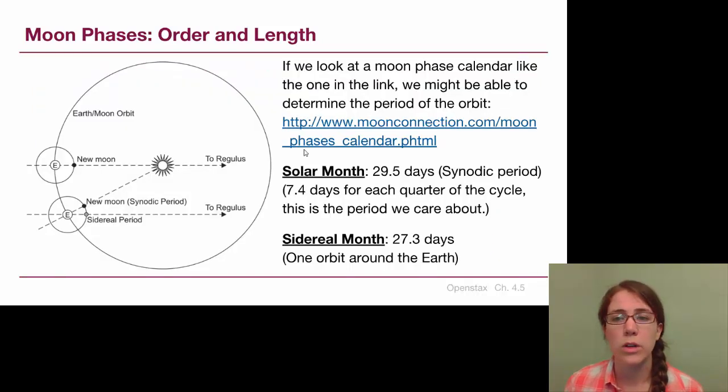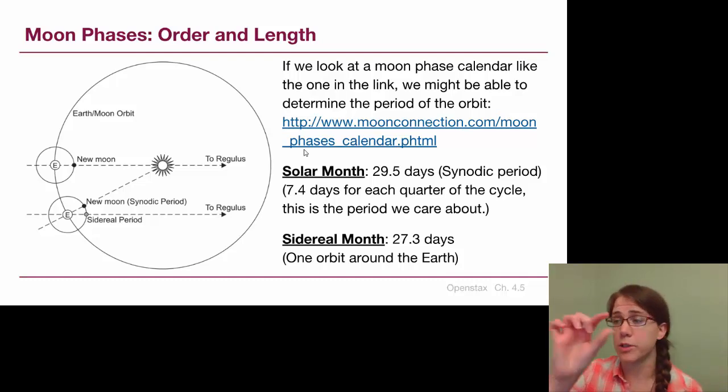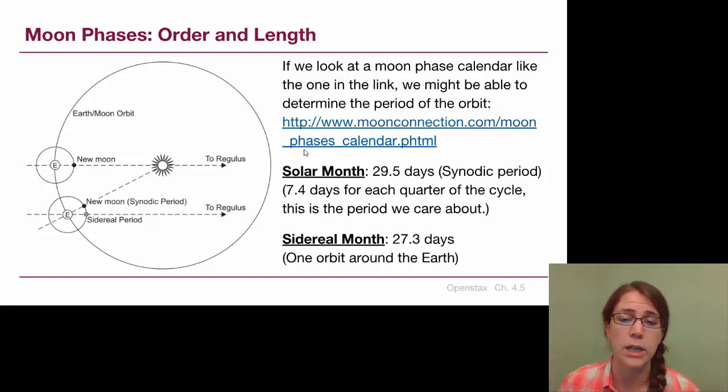So if we look at a moon phase calendar, there's lots of different ways. This is one of the simplest ones to use. When we pull that up and we get a calendar where each one of the different days is showing us what the moon looks like in our sky, then we might be able to get a sense of how long it takes to go from full moon back to full moon again.